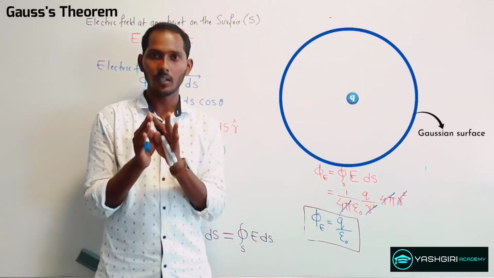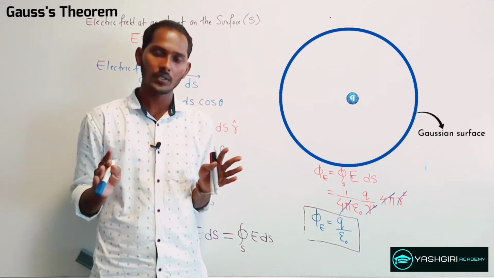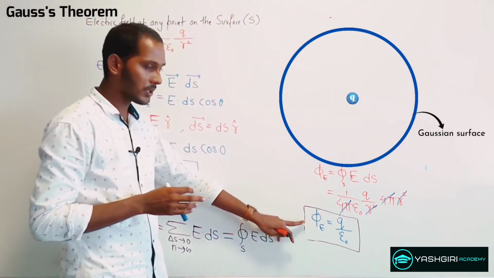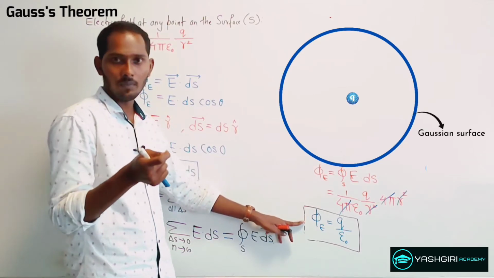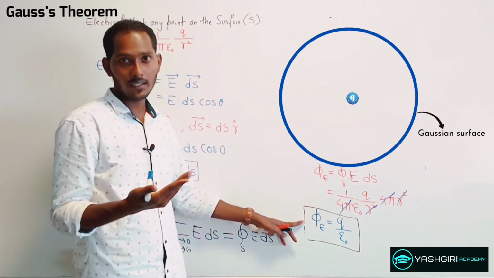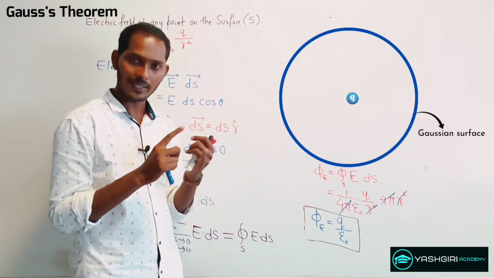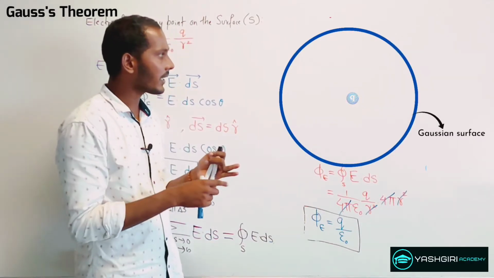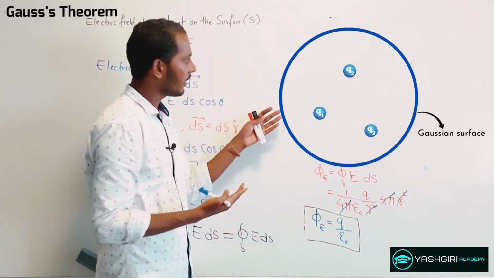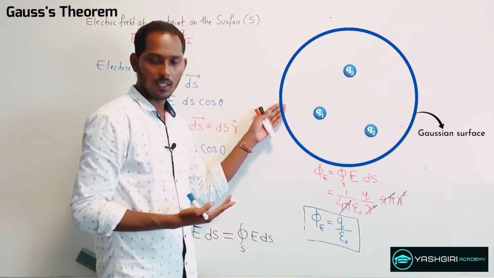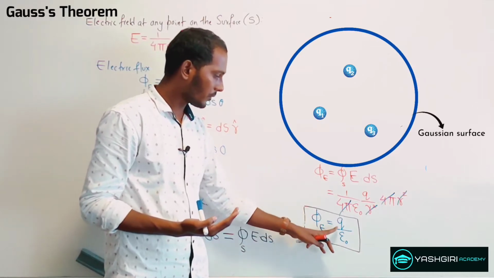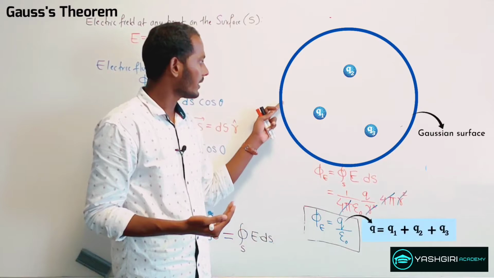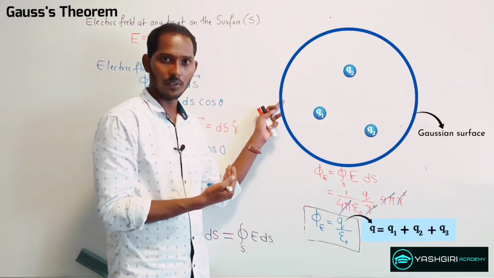The Gauss law is valid for any closed surface of any shape and size, because if you see this relation, you don't see any term related to the shape or size of this Gaussian surface. So that's the first point. The second point is that if you have, say, charges Q1, Q2, Q3 lying inside the Gaussian surface, in that case the small q over here will be just the net electric charge inside this Gaussian surface.